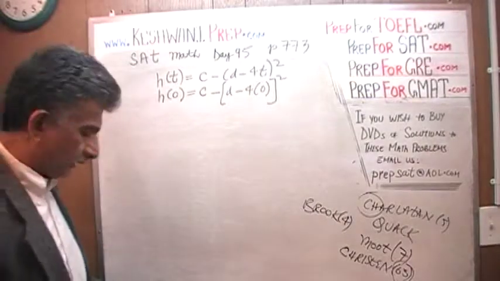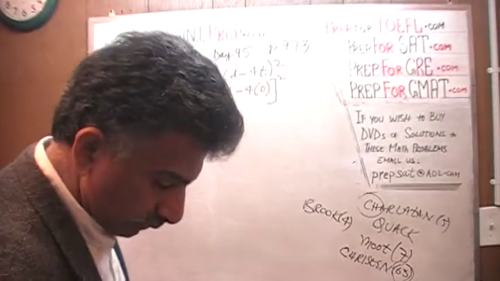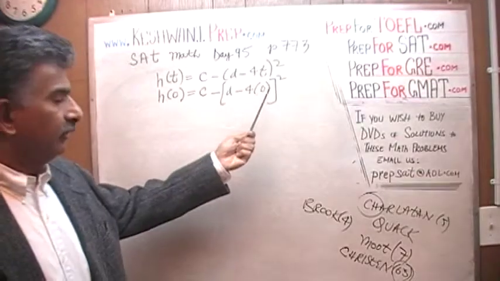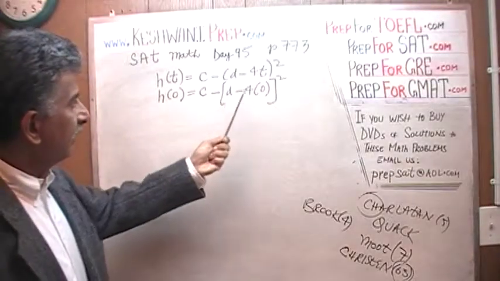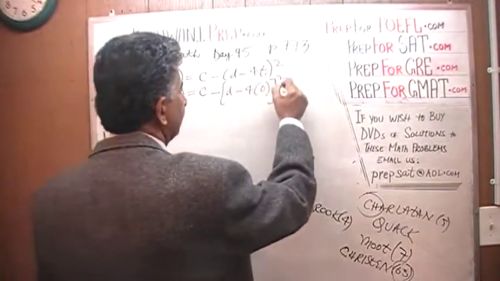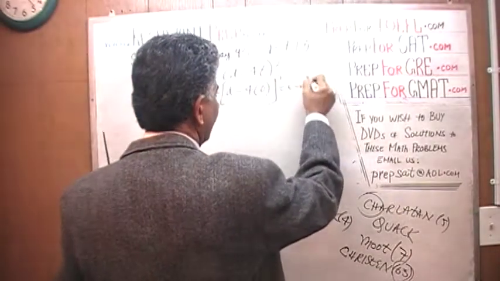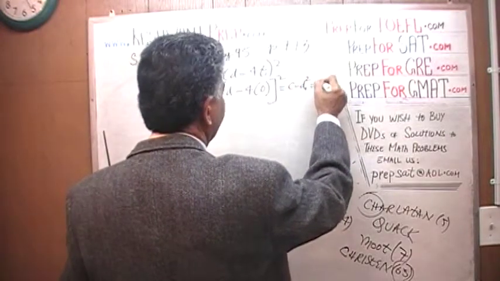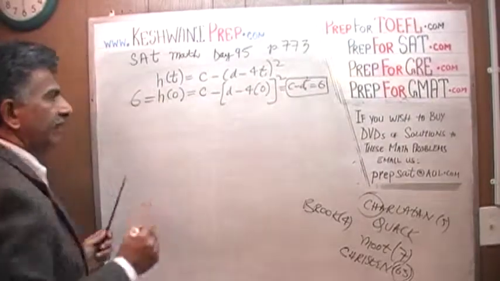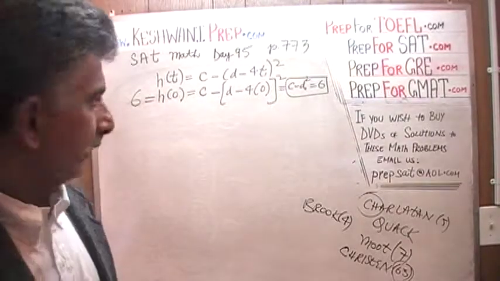Now 4 times 0 of course is 0. So here we end up with just d minus 0 squared, which is the same as d squared. So we know that c minus d squared equals 6. Why 6? Because they tell us that the height is 6 at precisely 0 seconds.